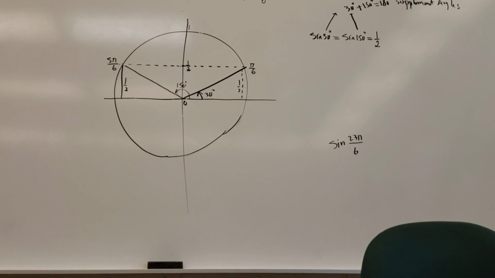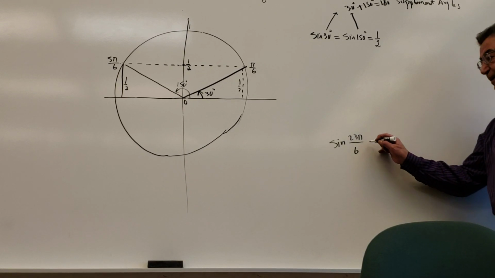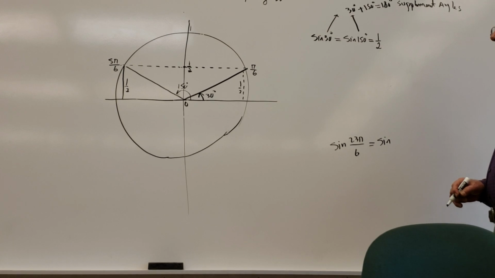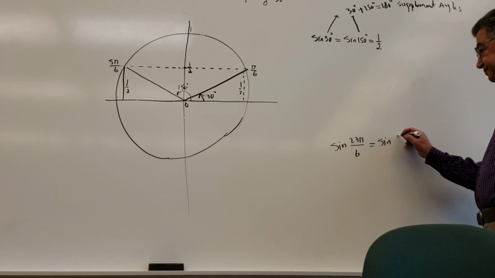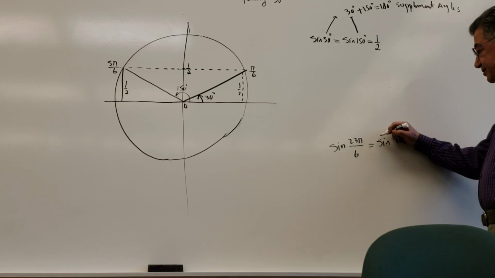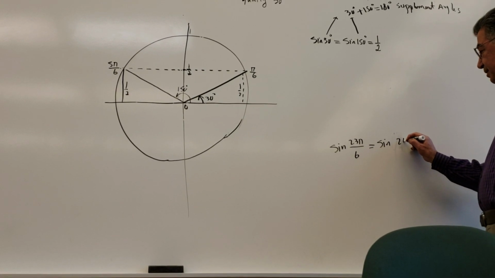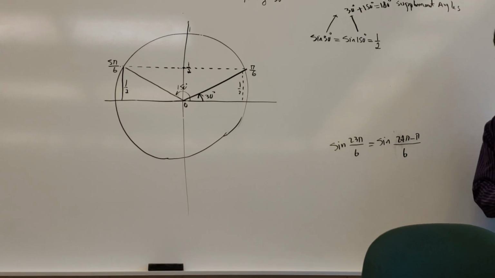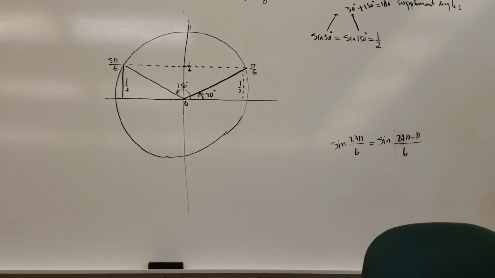Now, you can do a lot of things. You can, for example, break it down. You can actually call it 24 pi minus pi. Can I do that? Why am I doing that?